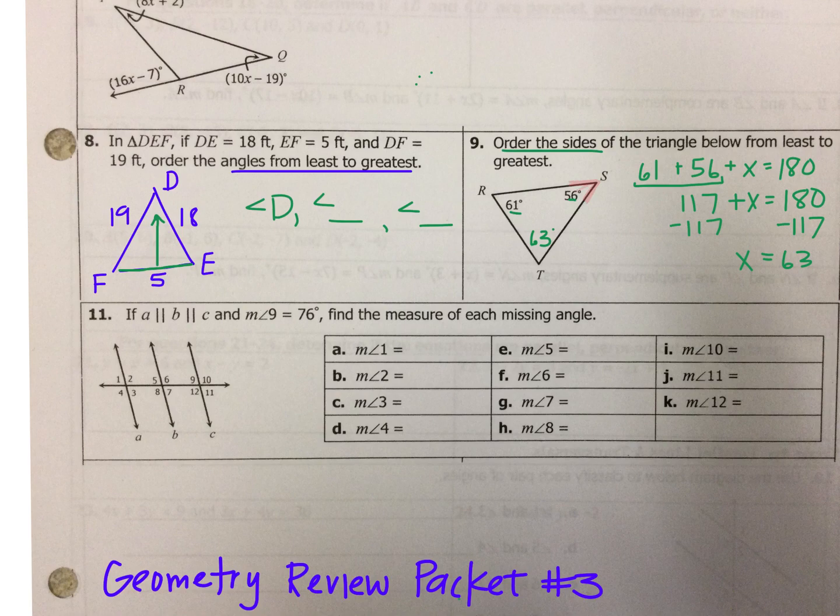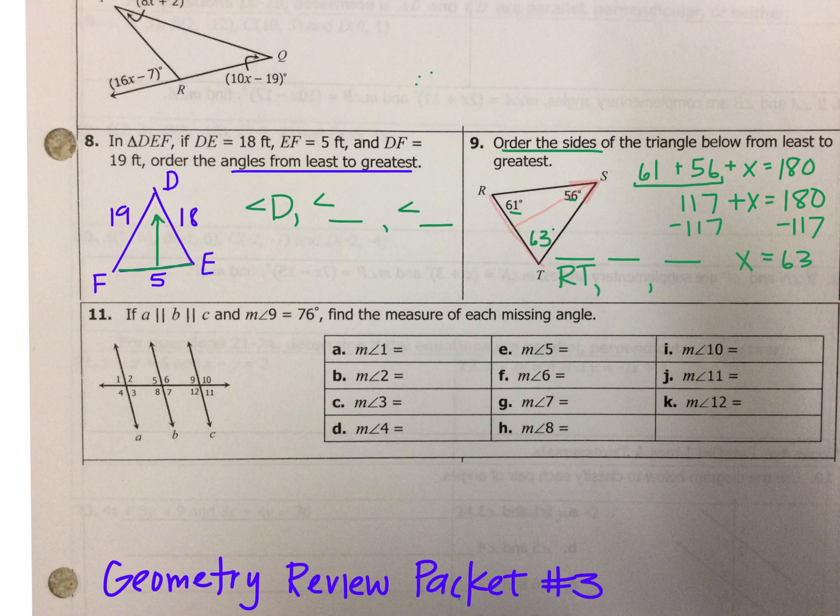Well, if I were to draw and make that into an arrow, it's across from RT. So my smallest is line RT, and then you'll have another one and another one. I need you to put them in order.